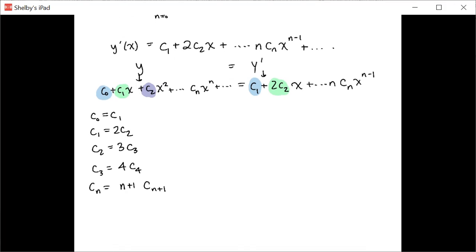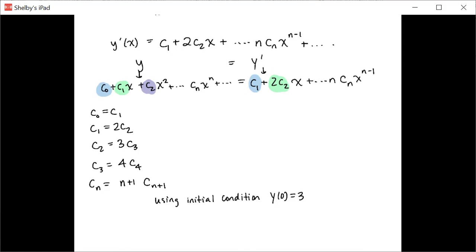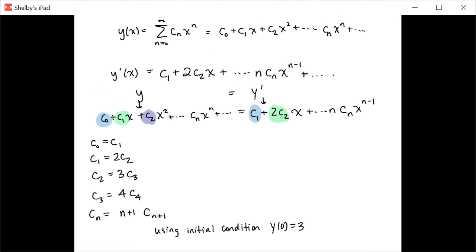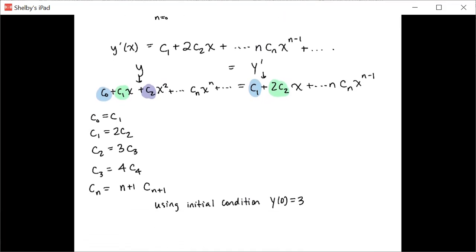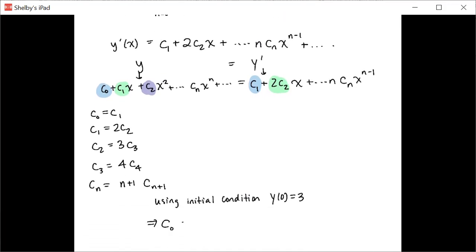Okay, now we can use our initial condition. The fact that y of 0 is 3, I can go plug in and find that using our power series representation, c sub 0 must equal 3.